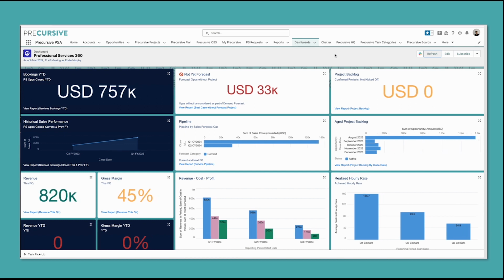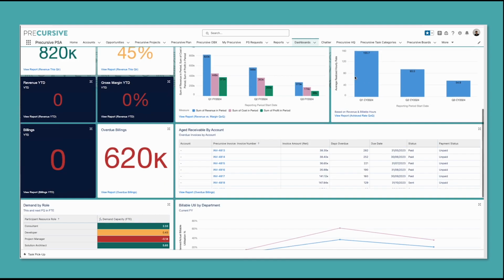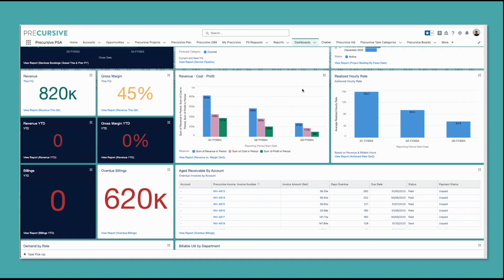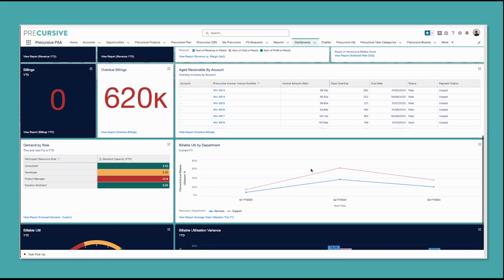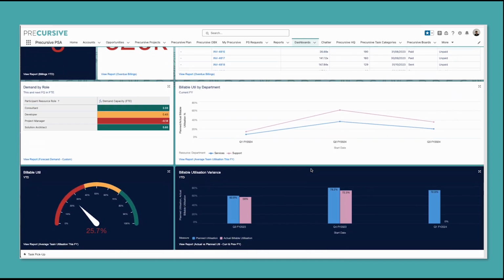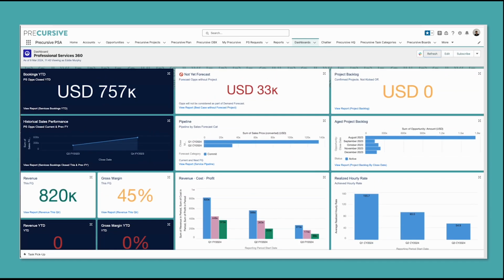I'm going to drop into this dashboard, which is also giving us a different view of that backlog, which could be combined into one dashboard, but it's giving us a slightly different view, which is our project backlog from a revenue standpoint. So looking at our forecast, for example, in terms of our revenue and our profitability for a period and what rates we're achieving. Again, we can look at that information in different ways throughout Precursive.